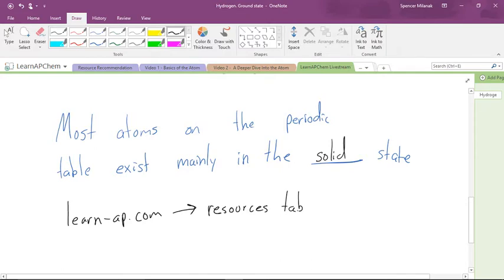Online, probably Khan Academy has some stuff on their website. Other than that, I would just Google AP Chem multiple choice questions. We have a bunch of practice AP test links in this resources tab, but for right now, those might confuse you.